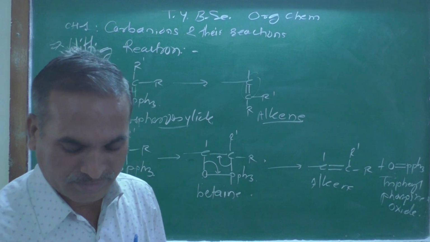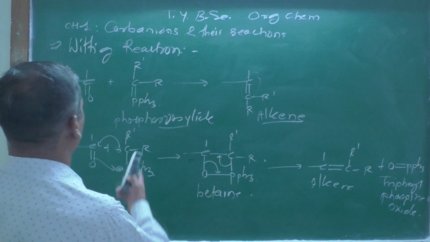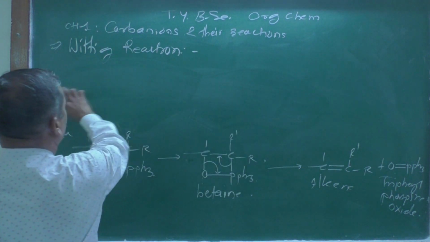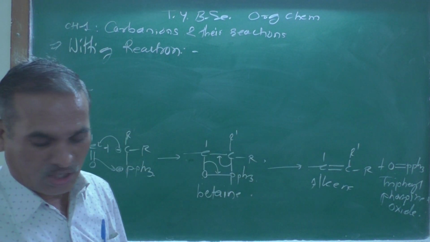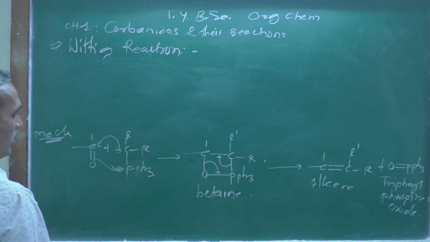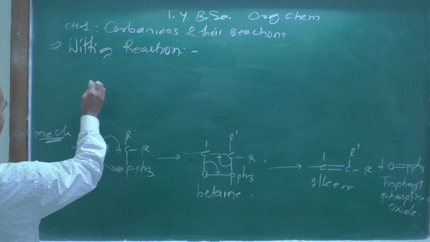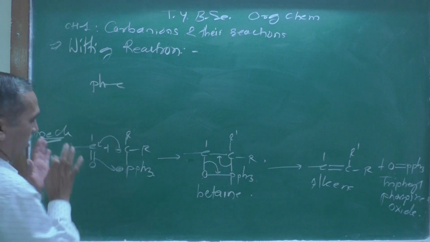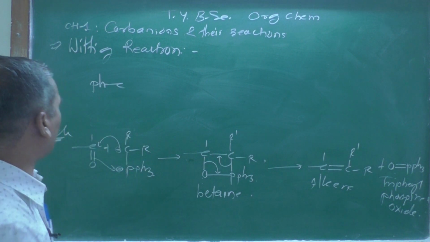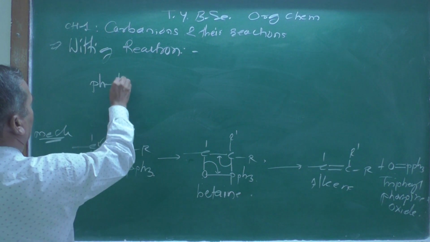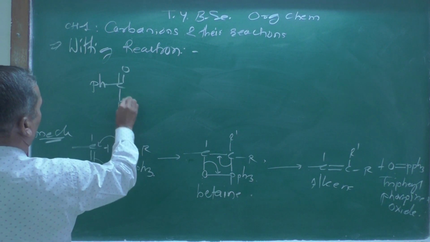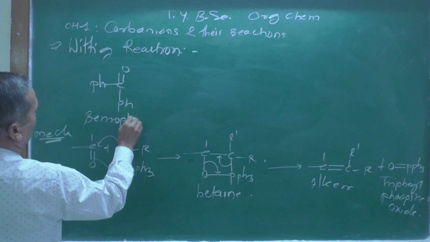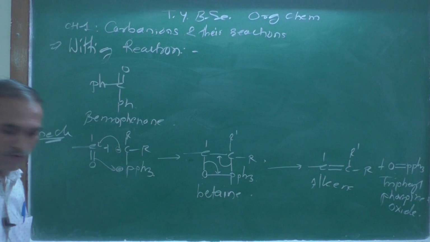For example, the best example will be, let us see how we can show the application of the Wittig reaction. Suppose we have a compound like Ph, as we know Ph is nothing but a phenyl group, Ph double bond O and Ph over here. The name of this compound is benzophenone.